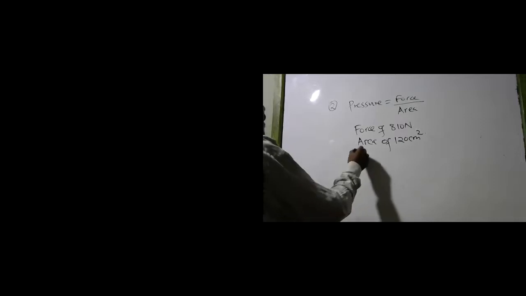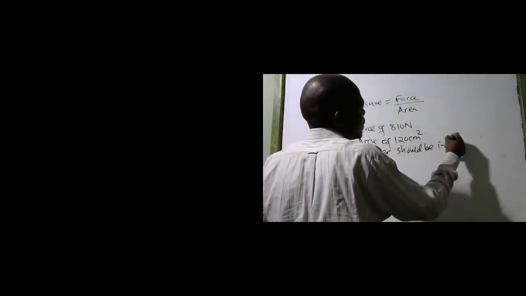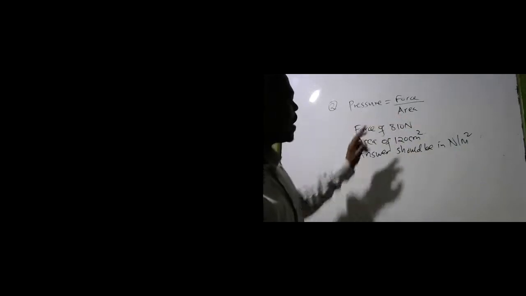But now we have to give the answer in newtons per meter squared. So this is the SI unit for the pressure. Now in this case, we need to change this one to meter squared.